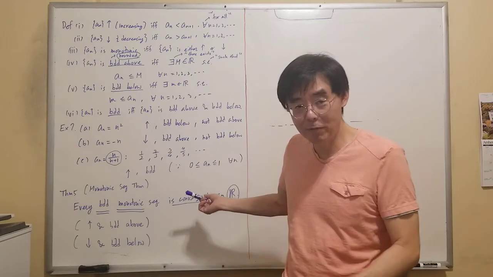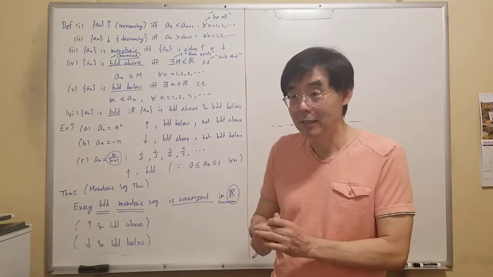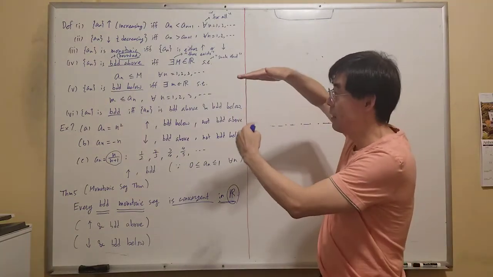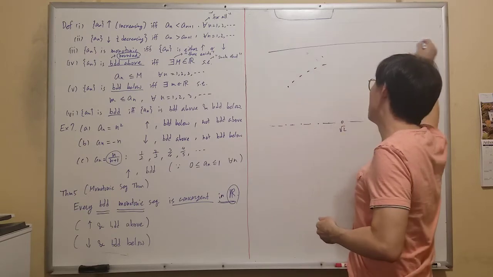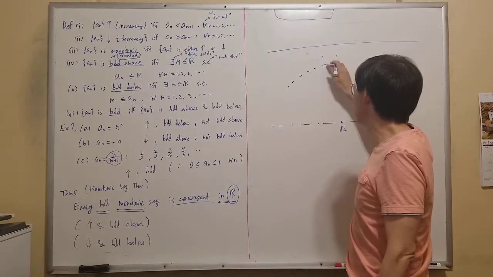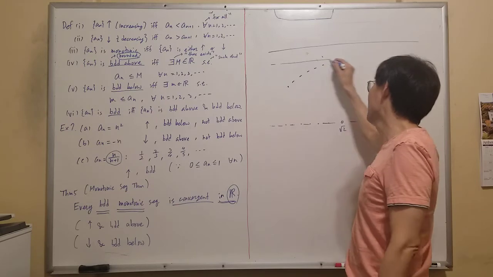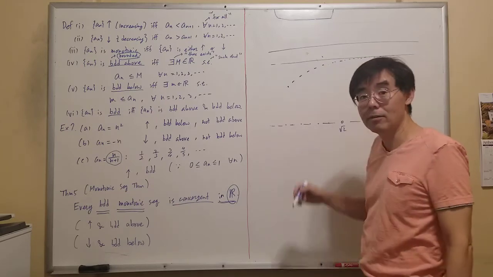Okay? And intuitively, this is kind of obvious, right? Something keeps increasing, and we know that there is an upper bound, bounded above. So, increasing yet there is a ceiling, then it must be approaching some value.